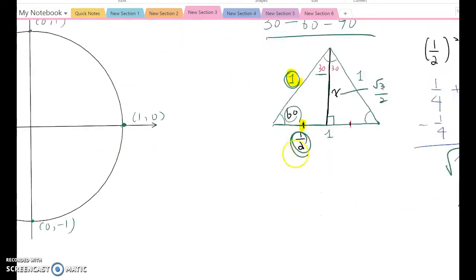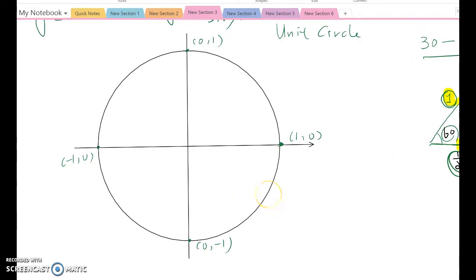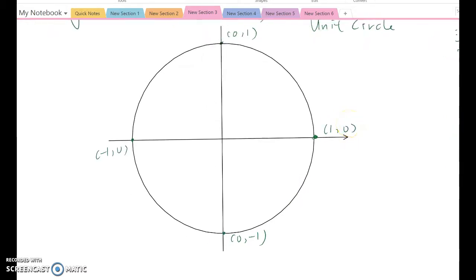Now, go back to the unit circle. I'm gonna divide it into 6 pieces between 0 and 180 degrees. Then it becomes 1, 2, 3, 4, 5, 6.